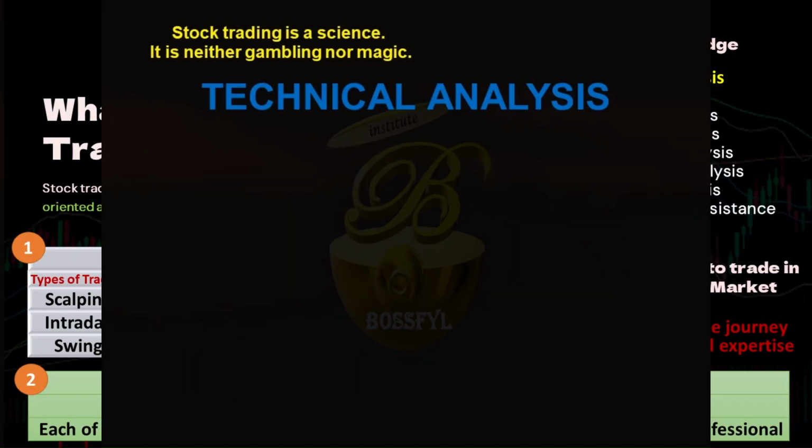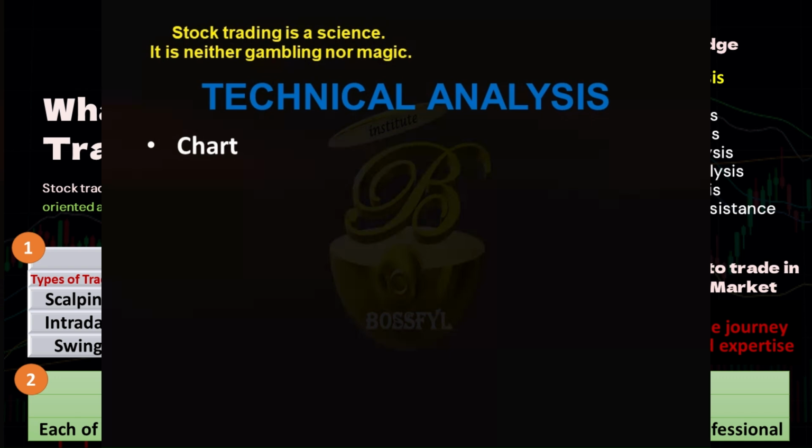Now, in technical analysis, the first and foremost thing that we understand is how the prices of a particular stock or company are represented graphically, in a chart format, so that we can understand the prices of the companies on different time frames, and hence we can do the analysis for it.